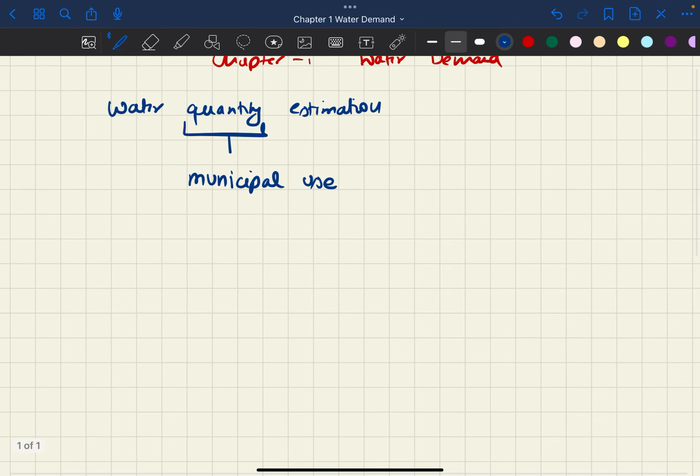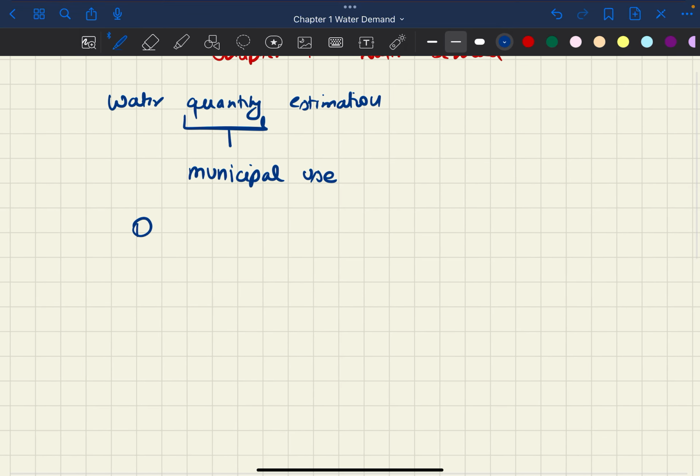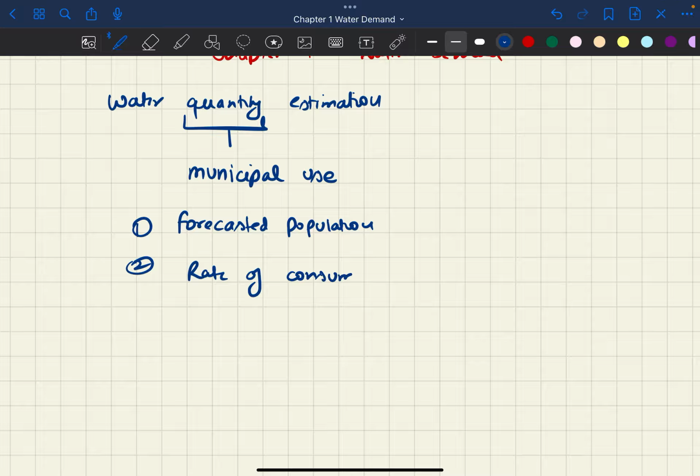It requires two data. First is forecasted population. Second is rate of consumption.